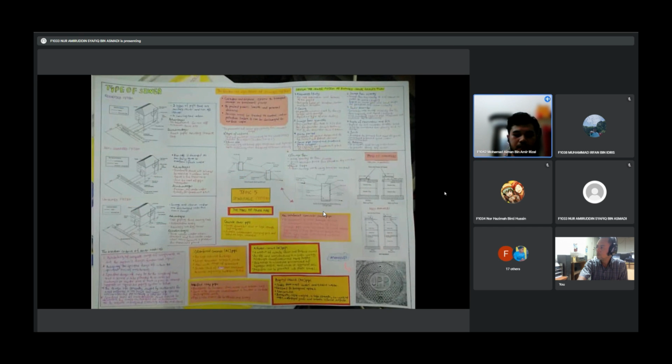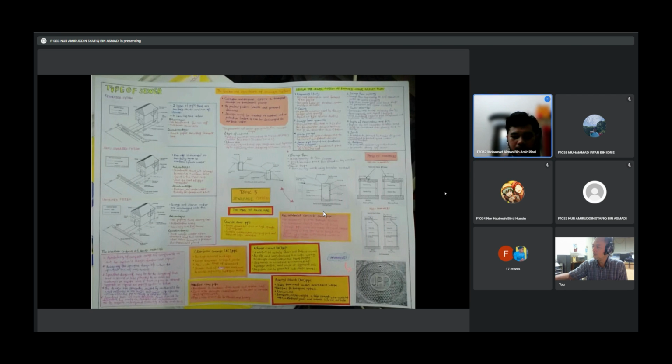The topic 5 is sewerage system, and this topic shows about the function and significance of sewerage system, and the 3 types of sewer system, which are the separate system, the semi-separate system, and the combined system. And next we go to the types of sewer pipes.